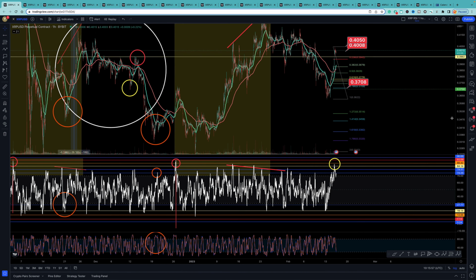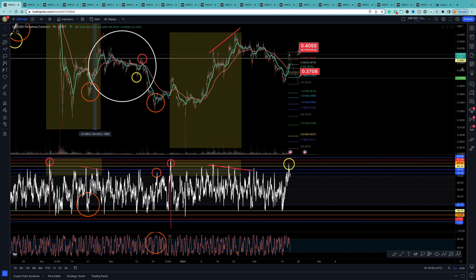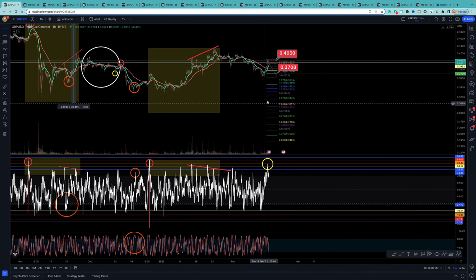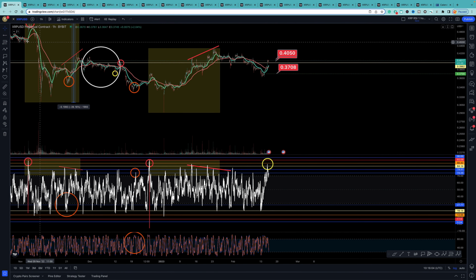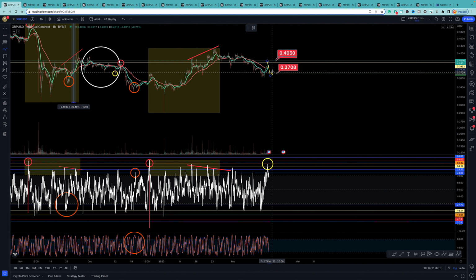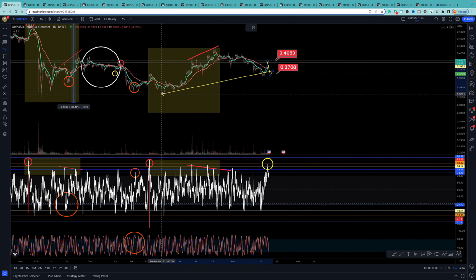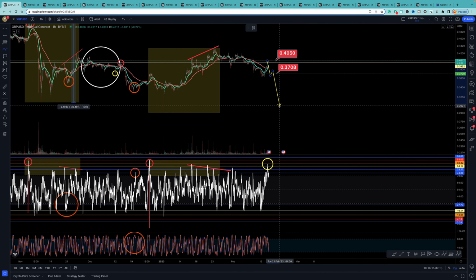So we could get our 786 correction for this little move here, a little lift, and then down to 32.